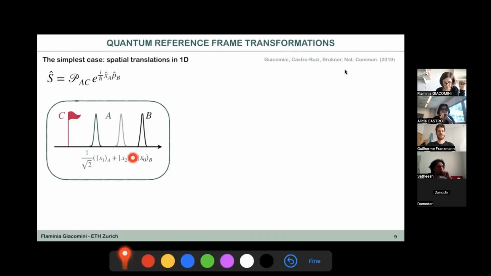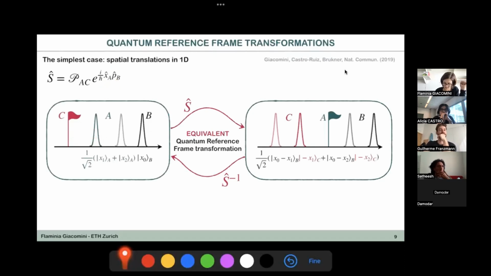And everything happens in a quantum superposition. So what we get is that in the final description A is at the origin, and then B is in X0 minus X1, and C is in minus X1, superposed coherently with B being in X0 minus X2, and C being in minus X2.